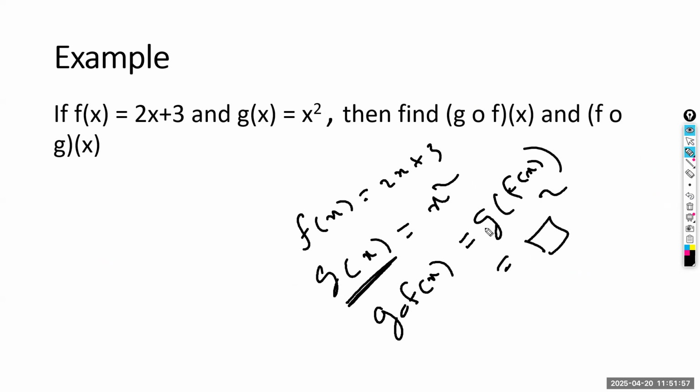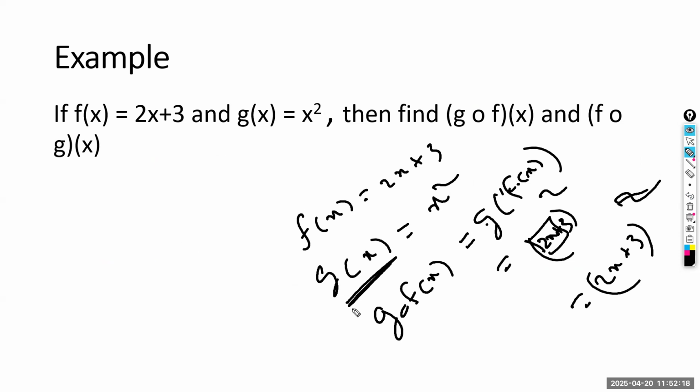But what we want is not g of x, it's g of f(x). So what is f(x)? 2x plus 3. So rather than x, you need to write f(x), which is 2x plus 3. So g∘f(x), that is g of f(x), is (2x plus 3) squared.